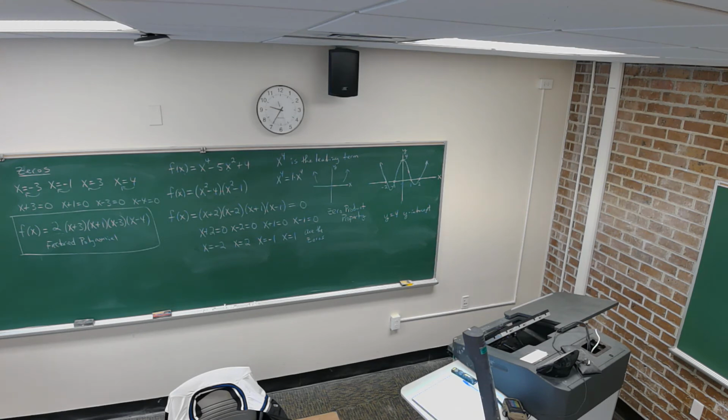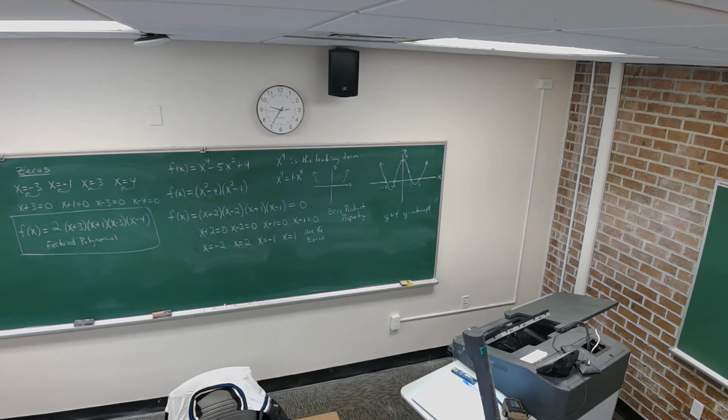All right, so now let's talk about multiplicities. In the examples that we've done so far on this page, all the zeros occurred only once. But now we're going to talk about the case where a 0 can occur multiple times.